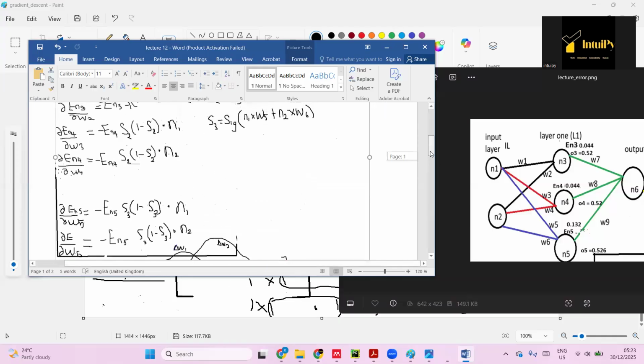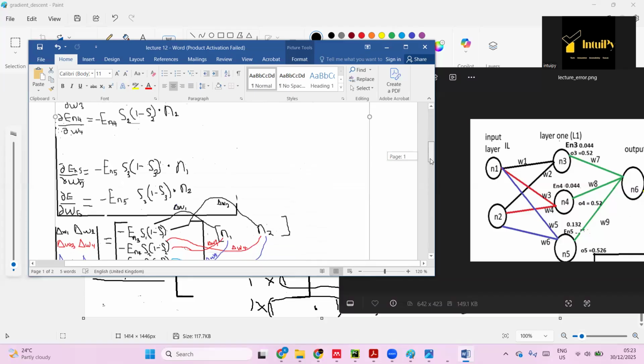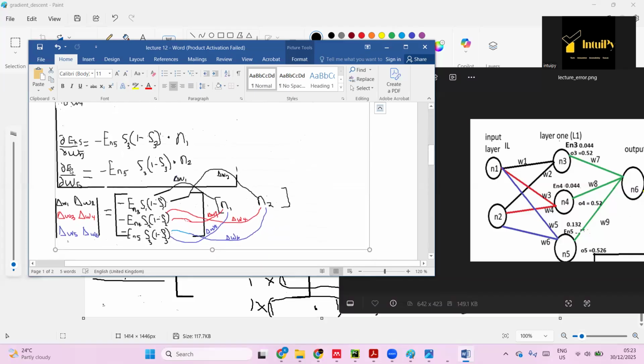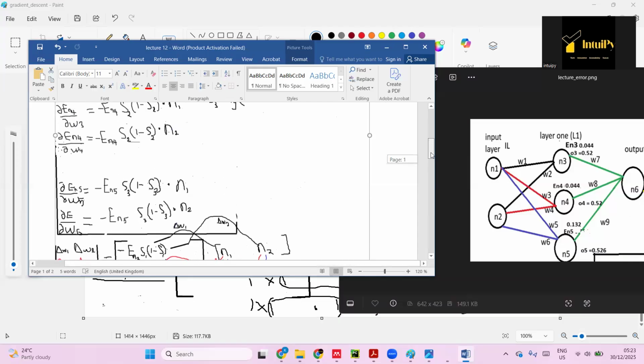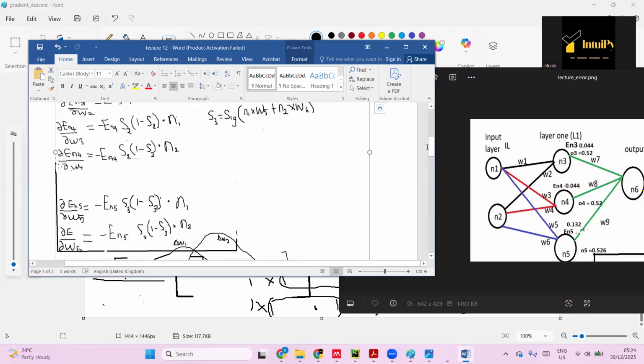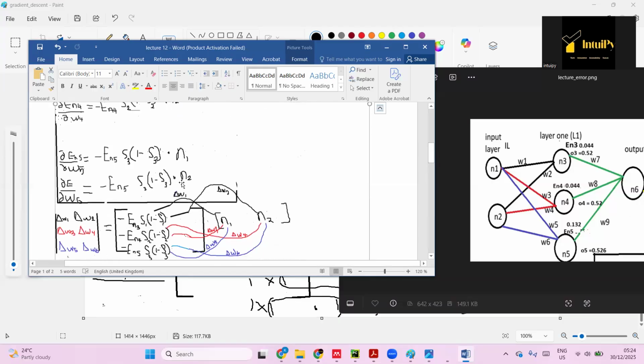So how much do we need to adjust error EN5 with respect to W6? So if we adjust W6, how much will it reduce EN5? And that also is what we have here. We have EN5, and then S3, we have defined S3, and then N2 here now.